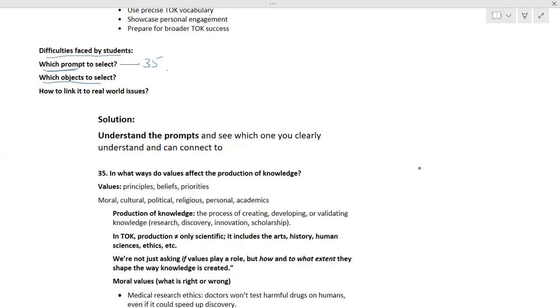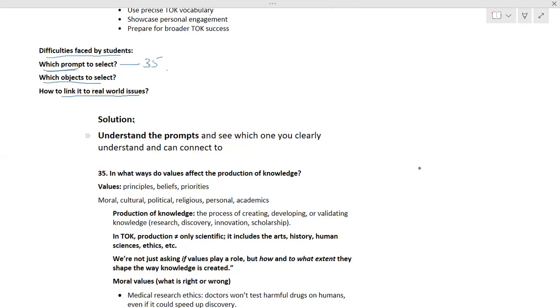We do see thousands and thousands of objects around us. How do we decide which object is suitable to my prompt and how to link it to the real world issues? Okay, don't worry, as I said, we have a solution to that.